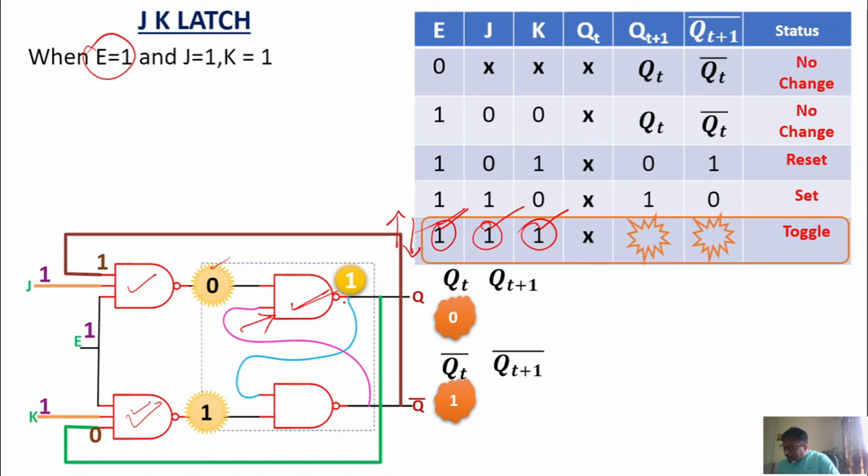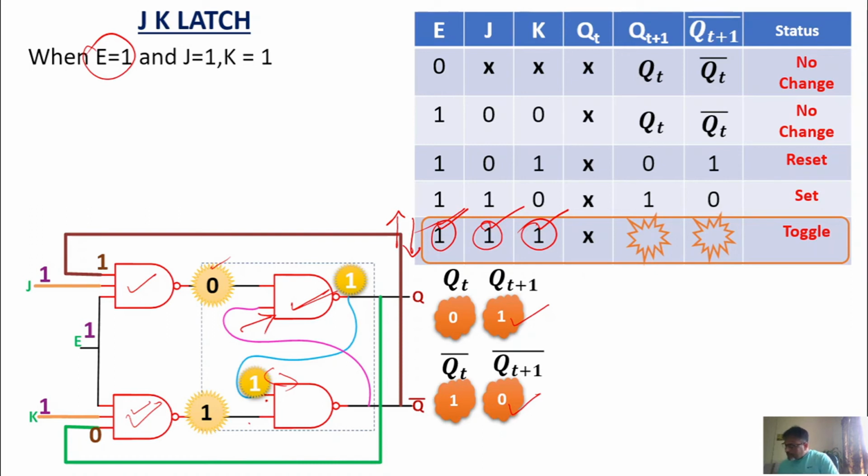And that output will be propagated to this, and 1 into 1, what you get is Qt+1 as 1 and Qt+1 bar as 0. Hope you're understanding this. Now let us see what happens next.